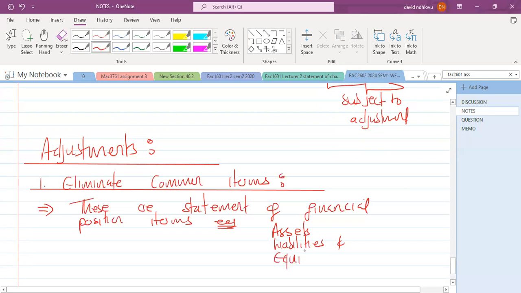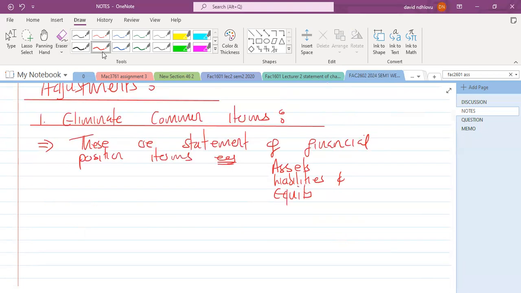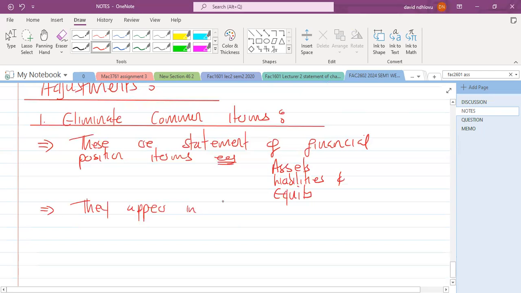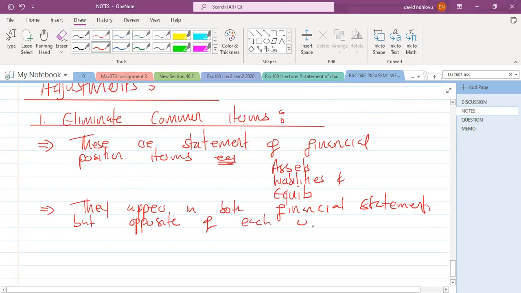What is unique about this is that they appear in both financial statements, but opposite of each other, and hence they cancel each other out before consolidation.